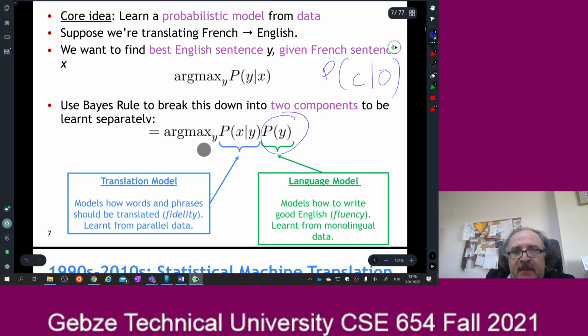Look at this one. Argmax y py. Okay, argmax y py. What does that mean? It means find such a sentence y that makes this probability and this probability maximum.